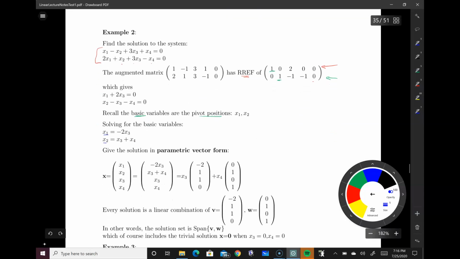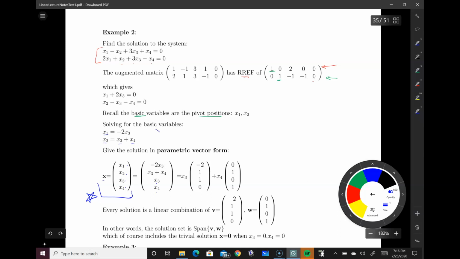This is a really important part of problem solving: making sure you remember how many entries are in your x vector that you're trying to solve for. There are 4. So x1 is equal to negative 2x3, x2 is equal to x3 plus x4, x3 is itself, and x4 is itself.